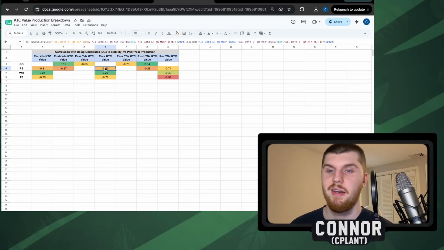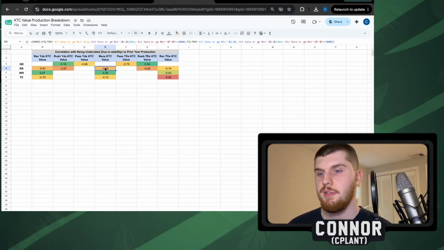We already know that rushing quarterbacks are kind of a cheat code. We already know that you want receiving for your running backs. The receiving for receivers result is a little unexpected. And so I don't really know what to do with all of that. But I can pretty comfortably say that yes, you want to target running backs that receive and quarterbacks that run.